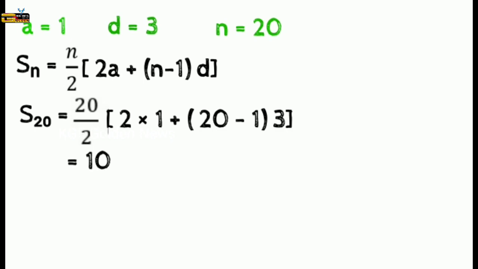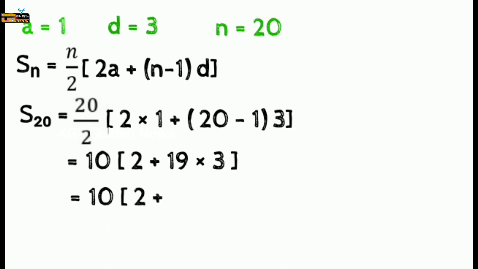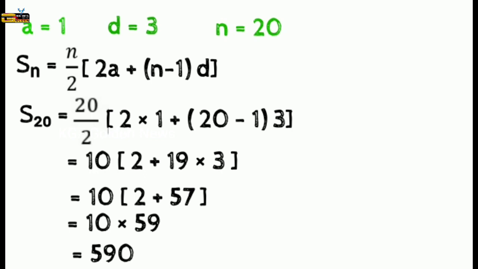Simplifying, we get 10 into (2 plus 19 into 3). 19 threes are 57. Therefore, 10 into (57 plus 2), which is 59, equals 10 into 59, which is 590.